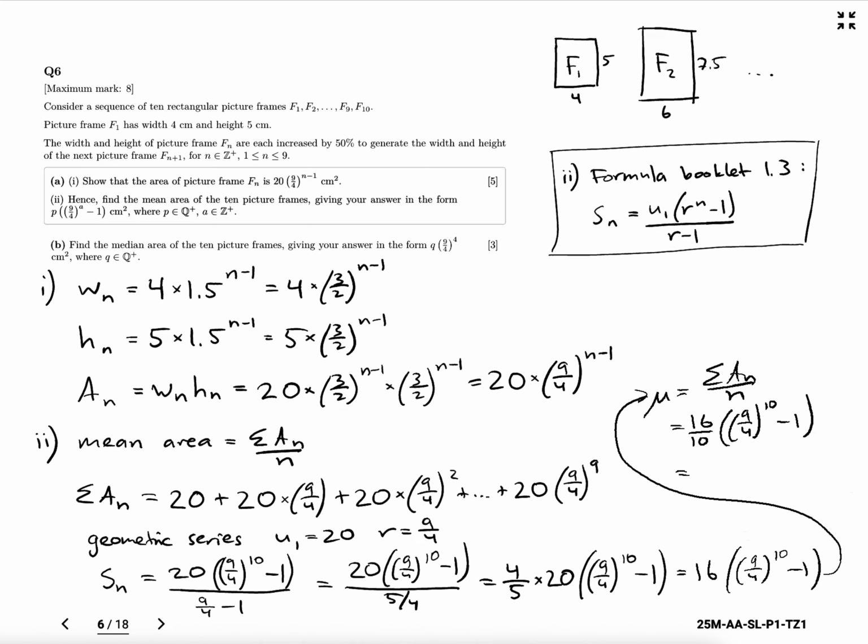And 16 over 10 is the same as 8 over 5. And now we can't simplify it anymore. And we do have q is a rational positive number, and a is a positive integer. So we do have it in the right form. So that's the final answer.